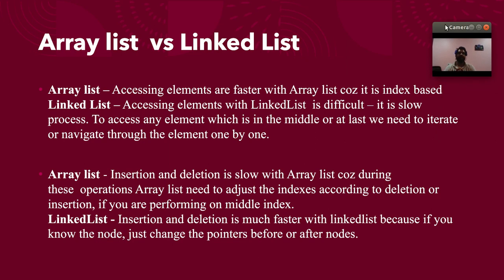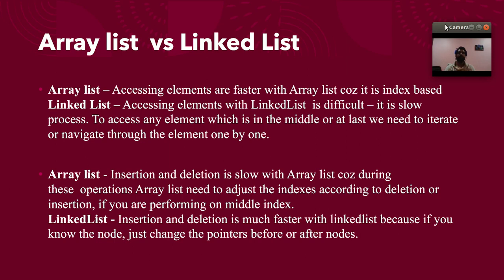Let's say that there are a huge number of operations for accessing any element from a collection, then we can go for array list. The reason is that accessing elements is faster in array list, because it is index based, we can directly provide the index number and then we can use it.